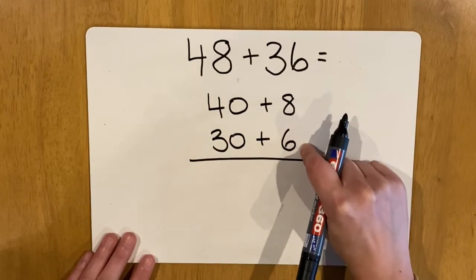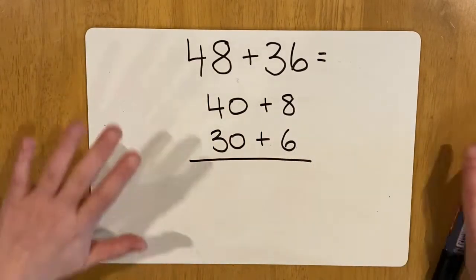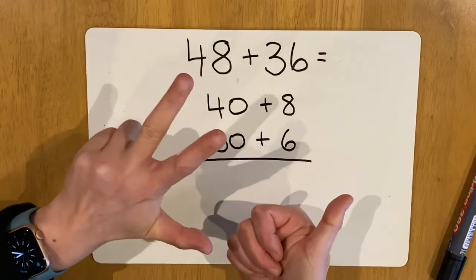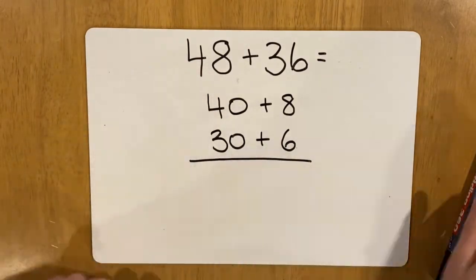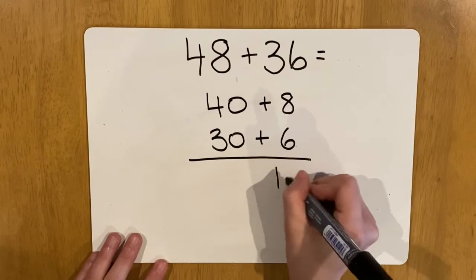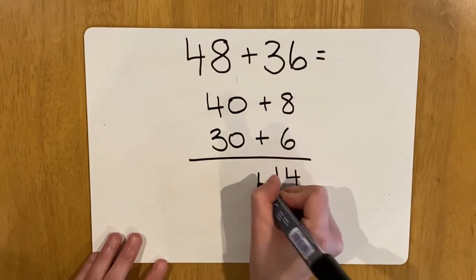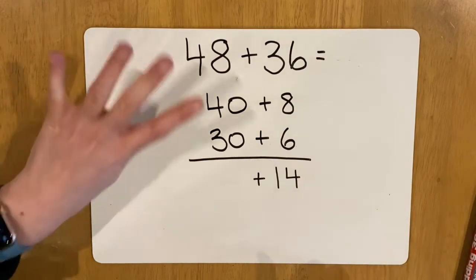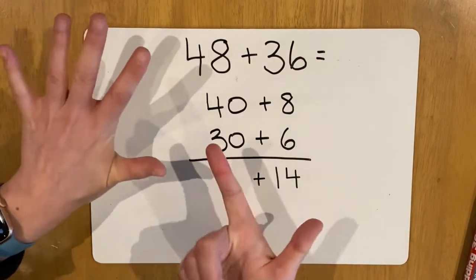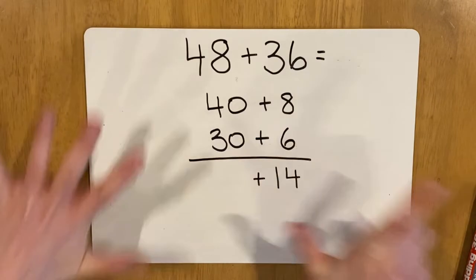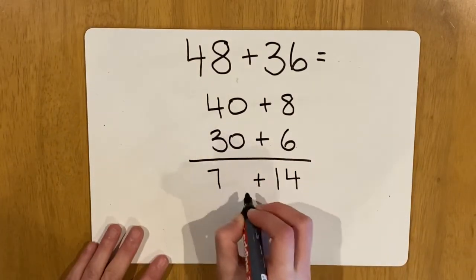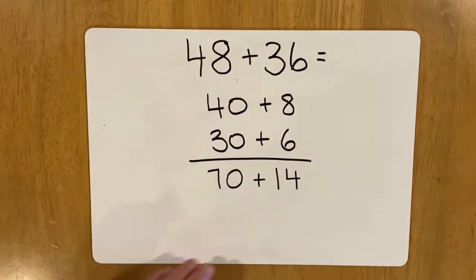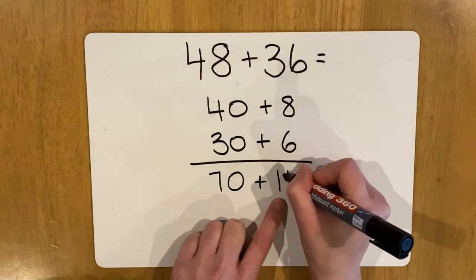8 plus 6. 8 in your head. 8, 9, 10, 11, 12, 13, 14. We've got 14. Add 40 plus 30. 4 tens plus 3 tens is 70. We've got a 1 there. What do we do with it?